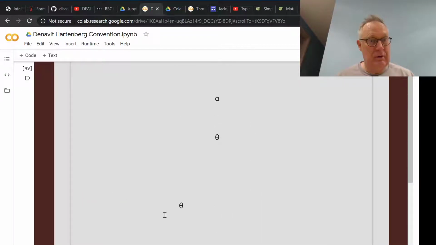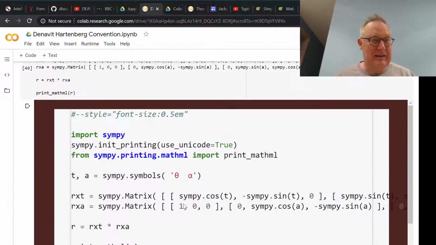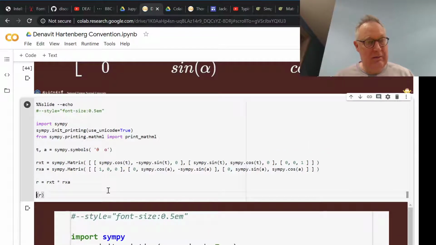Oh, no, this doesn't look so nice. Okay, so better stick with the ASCII printing.